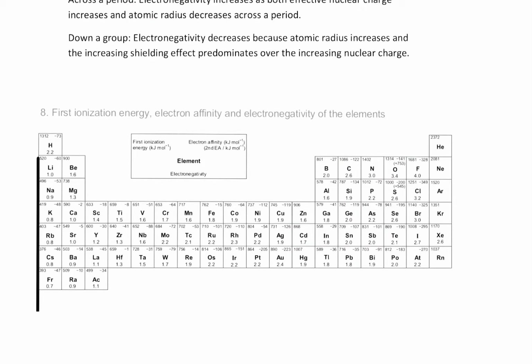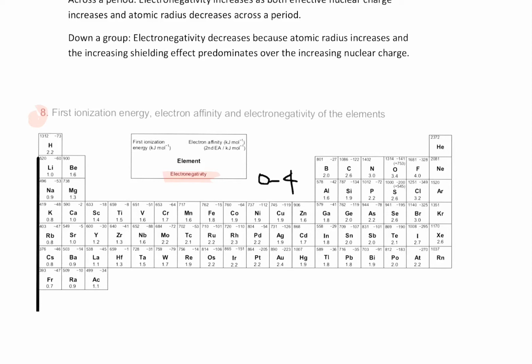If you look at section 8 of the data booklet, you will see electronegativity values, and they range from 0 to 4 on the Pauling scale.